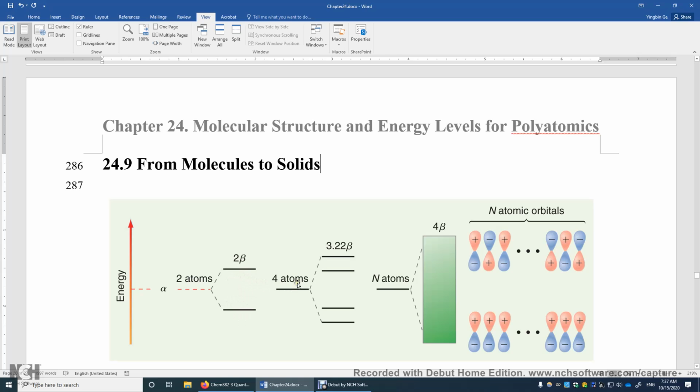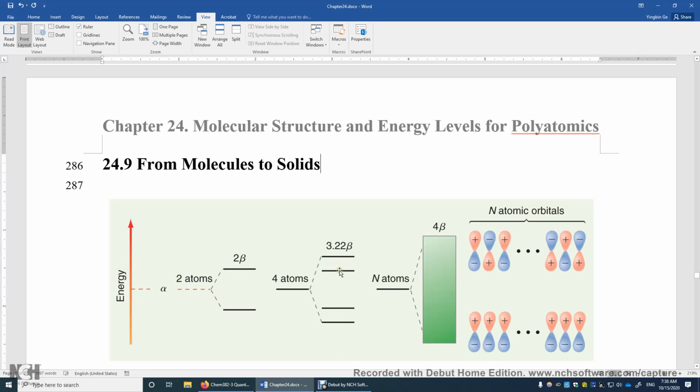When you have 4 atoms, it's 1,3-butadiene. You have 4 pi electrons. They occupy these 2 molecular orbitals. The energies are alpha plus 1.618 beta, alpha plus 0.618 beta, alpha minus 0.618 beta, and alpha minus 1.618 beta.